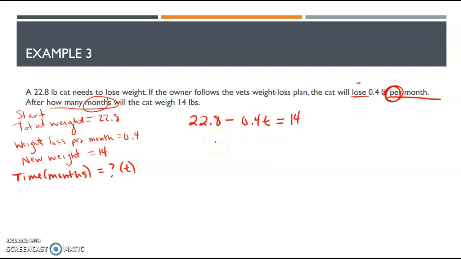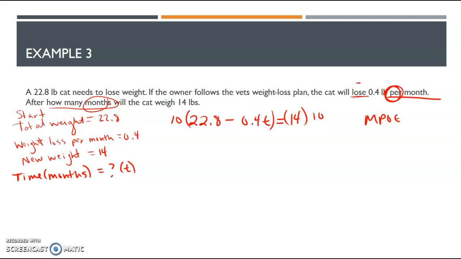Now, yes, you can work it with the decimals, but I have a trick to get rid of the decimals. My trick is that we use the multiplication property of equality to our advantage, and however many decimal places, that's the number of zeros after my 1 that I multiply by. Here the biggest number has just 1 decimal place, so I'm going to multiply both sides by 10.